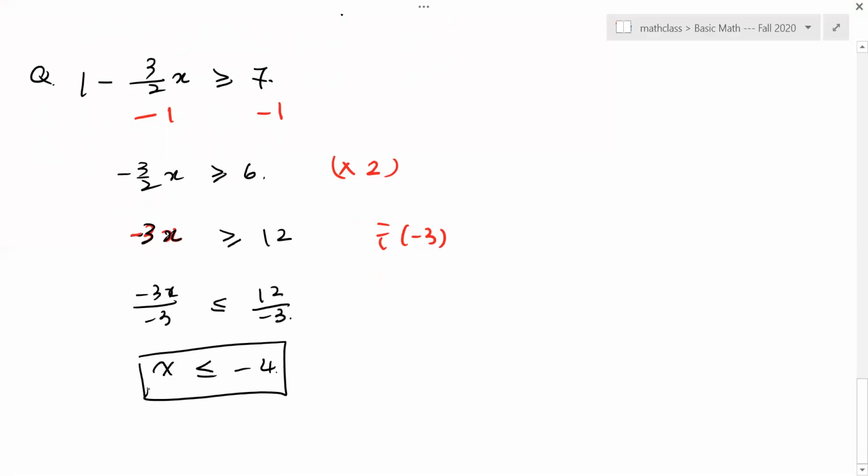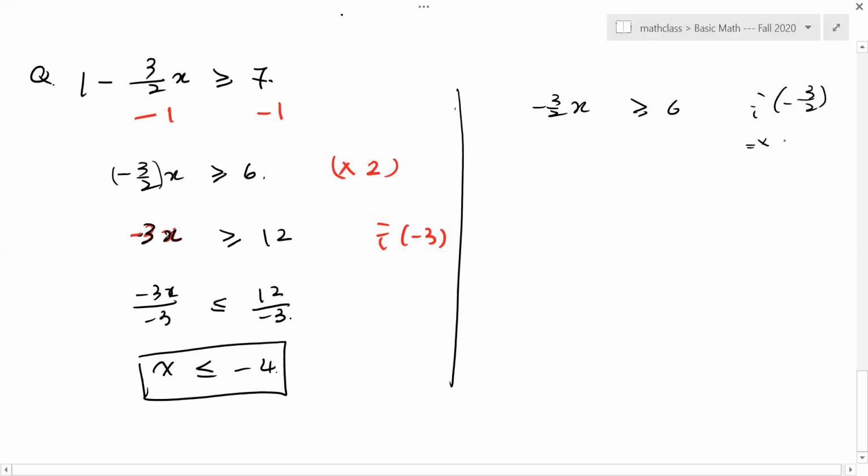Okay. So this is the answer. Now you can also do it this way. View the fraction as a constant. So you can divide both sides by -3 over 2, which is equivalent to multiplying by -2 over 3.